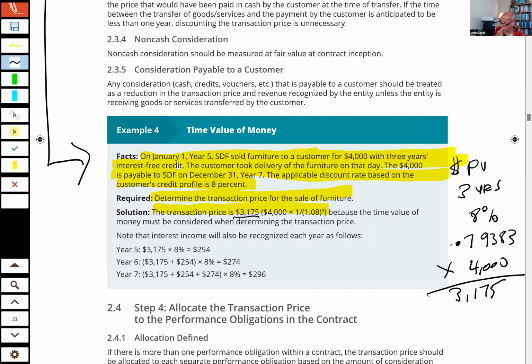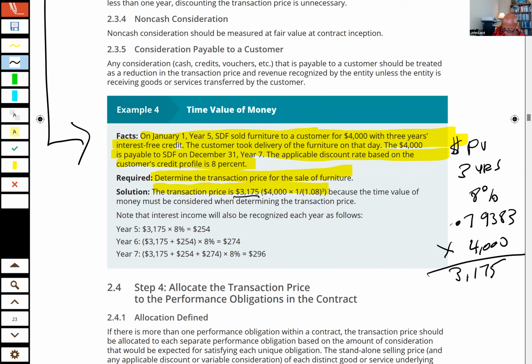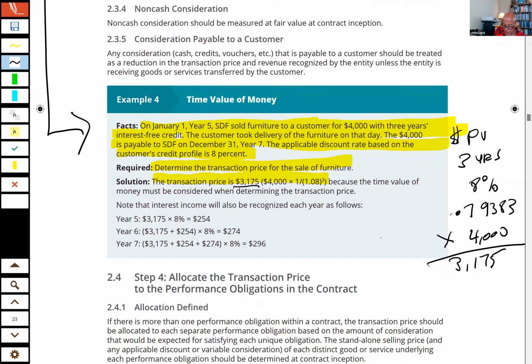Okay, but you have to consider present value, and then the difference between the amount you actually collect and what that 3,175 needs to be recognized as interest revenue to the seller, interest expense to the buyer. And so there'd be this 3,175 times the 8%, and then that is going to compound over the next 3 years.